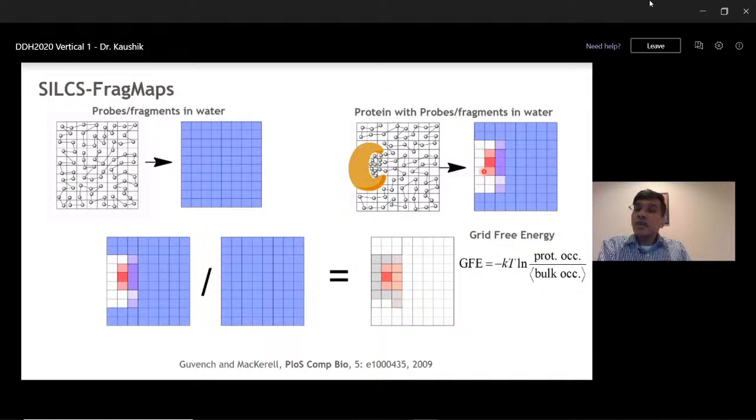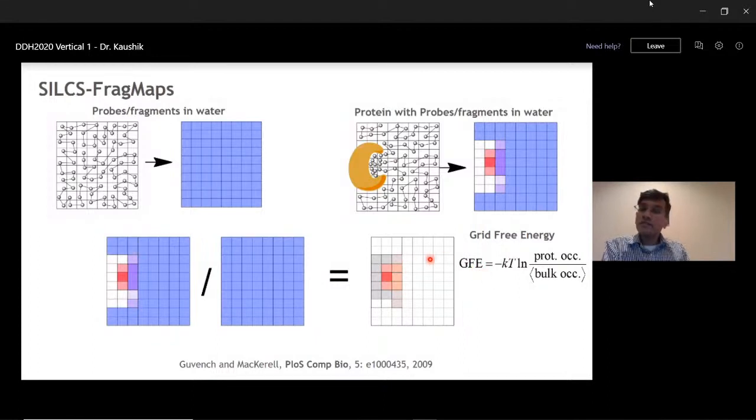Now, given the fact that you have these counts of how the methanol is in the presence of the protein versus in the absence of the protein, you can take that ratio. That would give you the probability. And once you have that ratio, taking a ln and adding this prefactor of kT puts you into the free energy realm.